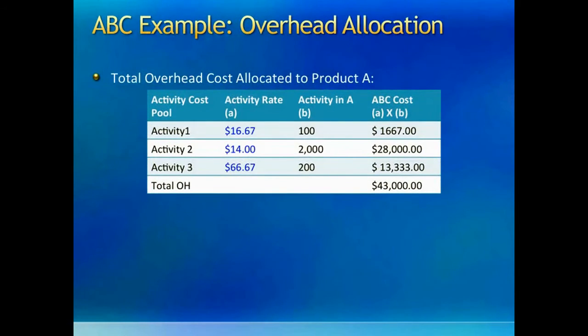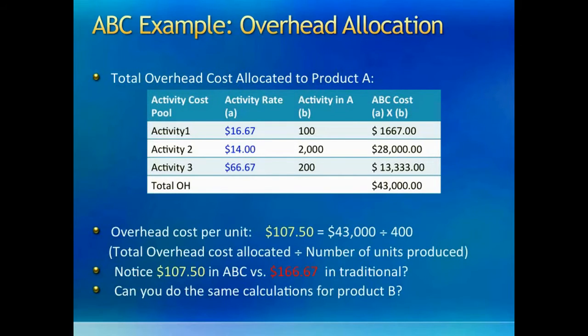In this step, we just copied the rates we calculated in the previous slide and multiplied them by actual activity in product A. The total overhead cost assigned to product A will be $43,000, which comes to 107.50 on a per unit basis.